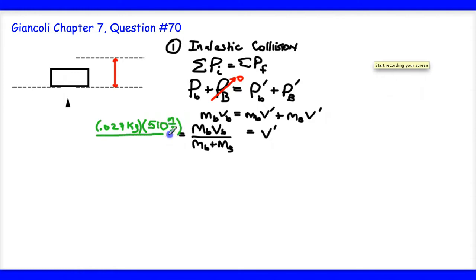I'm going to divide all of that by the sum of the mass of the block, 1.4 kilograms, plus the mass of the bullet, so it's going to be 1.429 kilograms. When I do that, I get an answer for the combined velocity. It's going to be 10.35 meters per second. So now I know how fast these two are moving the instant after the collision.